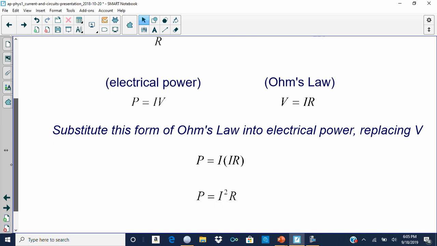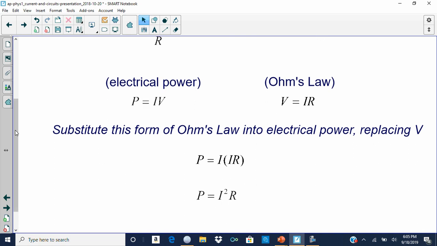Now, if I increase the resistance and I don't change the current, then I increase the power. If, though, I change the resistance, most likely if I don't change the battery, I'm going to change the current and it's going to decrease. So you have to be very careful with these, and that's what you have to think about.